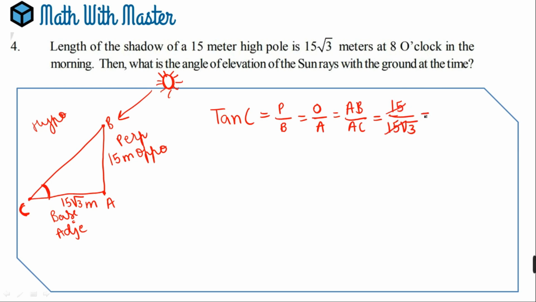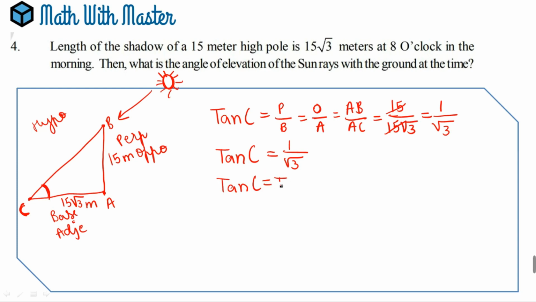15 and 15 will get cancelled and the answer will come 1 upon root 3. So from here we can say that tan C is equal to 1 upon root 3. Now what is 1 upon root 3? It is tan 30 degrees.